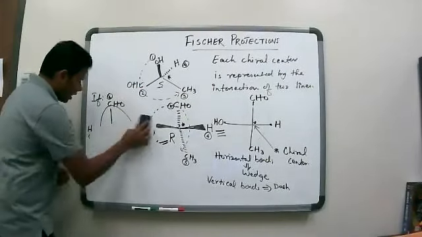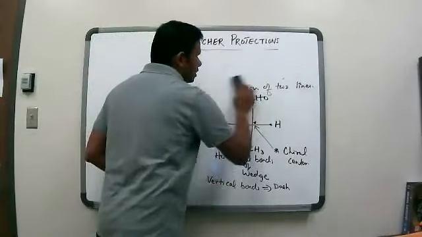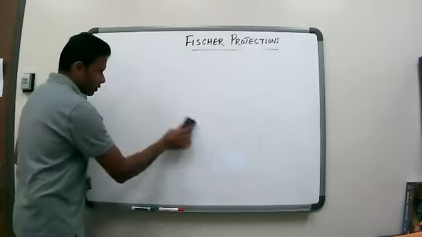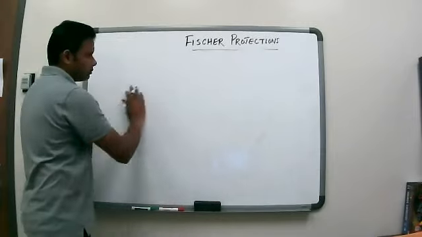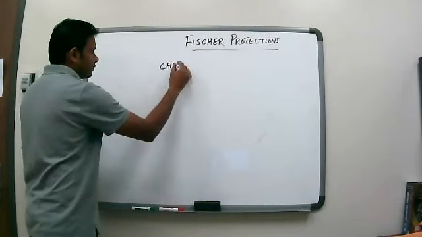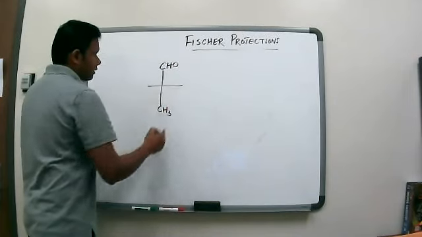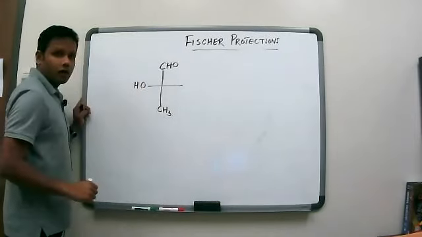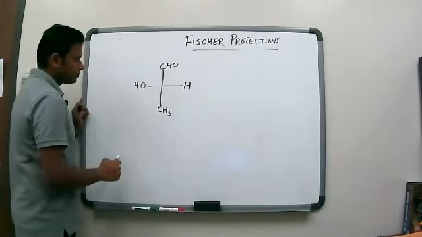How does this make life easy for us when we go to more chiral centers? We will redraw those two molecules just to show you how this helps, and what sort of relationship we are talking about here. So we have methyl, and for my first structure I had placed the hydroxyl on the left and the hydrogen on the right.